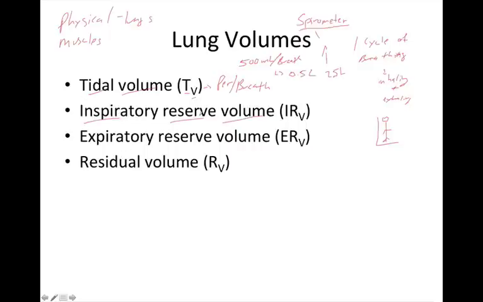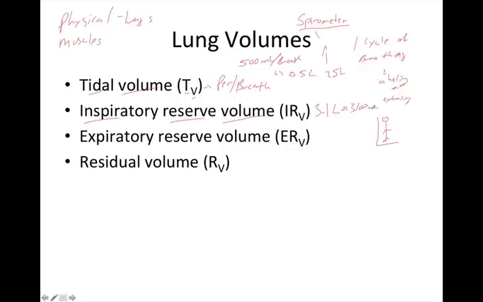How much air you can fill your lungs up with beyond tidal volume. That's the key thing there. The average volume for inspiratory reserve is 3.1 liters, or 3,100 mLs.